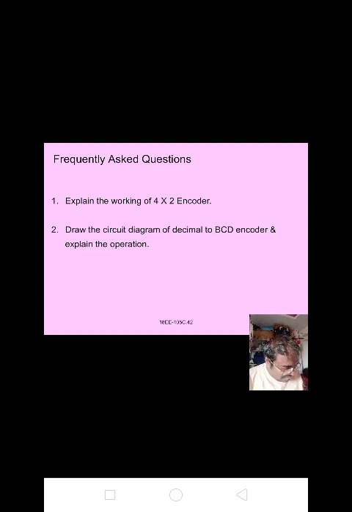If n equal to 3, 2 power 3 is 8, so it is an 8 into 3 encoder, like the 3 into 8 decoder and 2 into 4 decoder. An encoder has 2 power n input lines and n output lines. You can also see the functional diagram of encoder in the textbook.